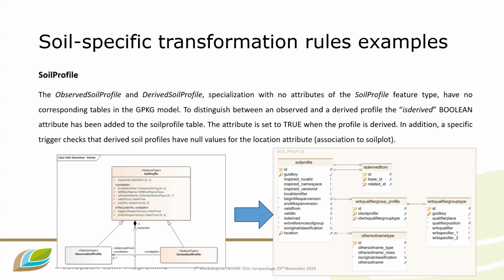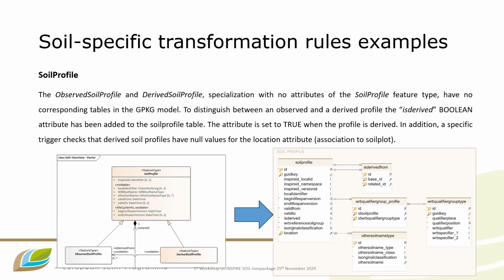Then from this, using the flattening, using all the rules we have seen before, we create an entity relationship schema, so a database schema. And we create the GeoPackage template, that is an empty GeoPackage template that is used as a kind of GML schema, with the same function as the GML schema. So we do not need to create the GML schema.